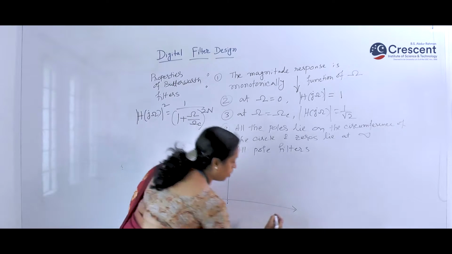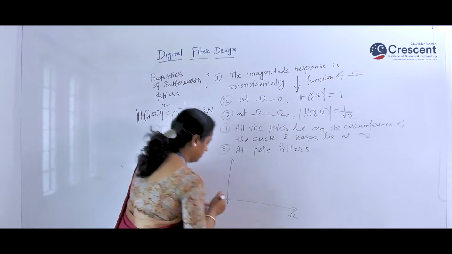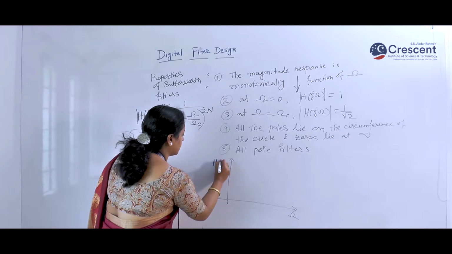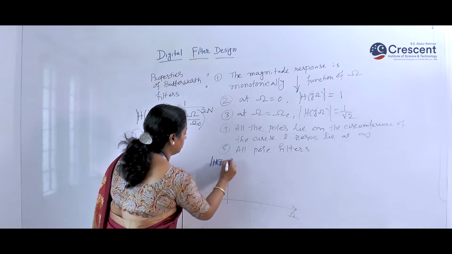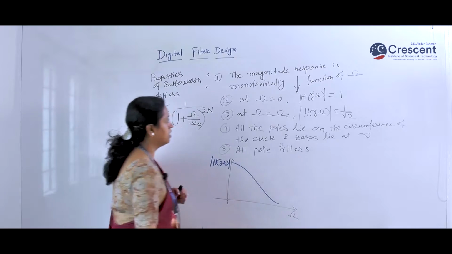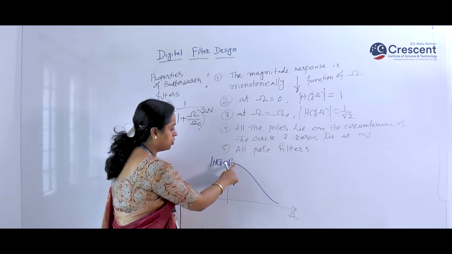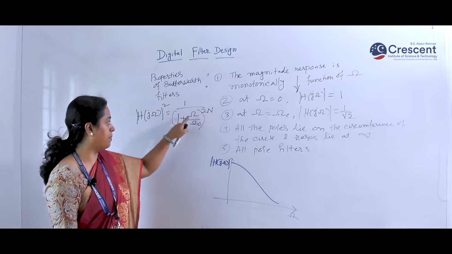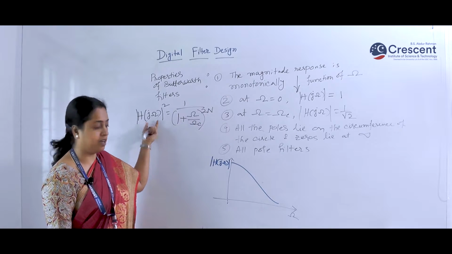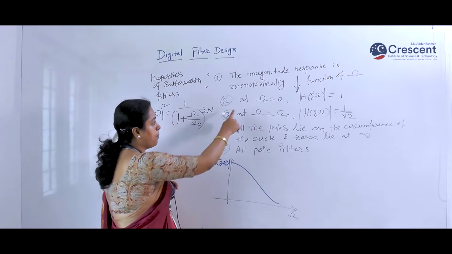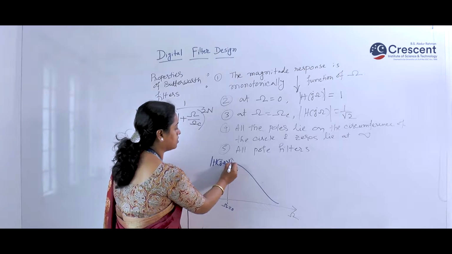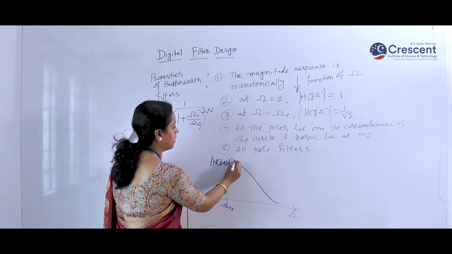That means if I draw here x-axis as omega and y-axis as |H(jω)|, the magnitude response is a monotonically decreasing function of omega. Why? Because as the omega value increases, the value of |H(jω)| reduces. The second property is that when omega is equal to 0, its value is equal to 1. So the value is 1 here.